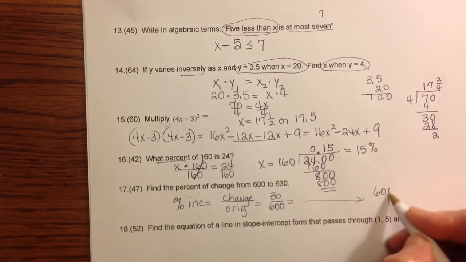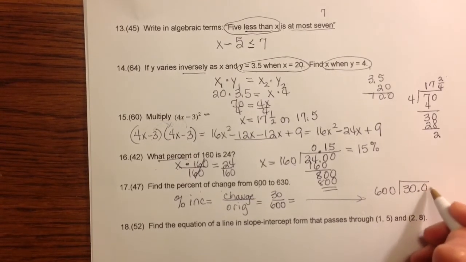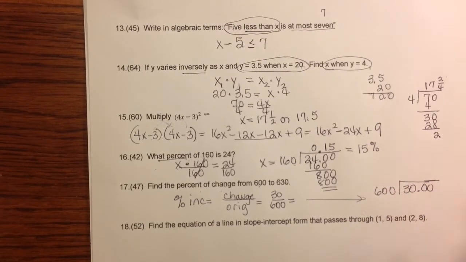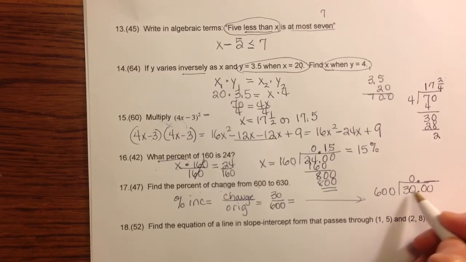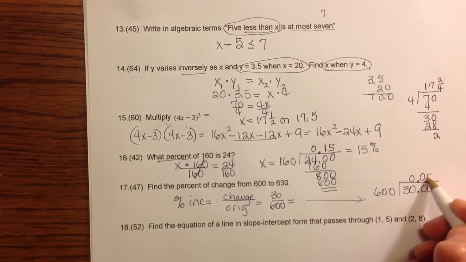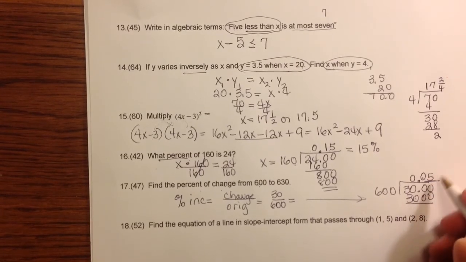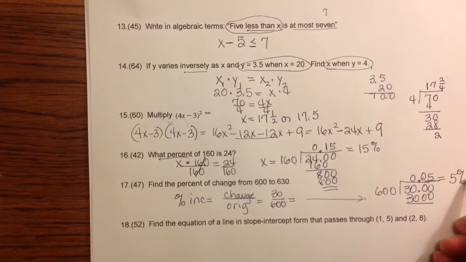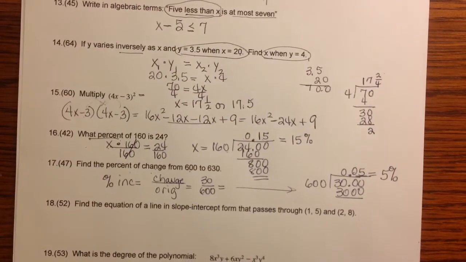The 600 into the 30. Add a decimal. You're going to have to add a couple of zeros. It won't go into 30, it won't go into 300, but it will go into 3,000 5 times. And 0.05 is 5%. And that's the change.